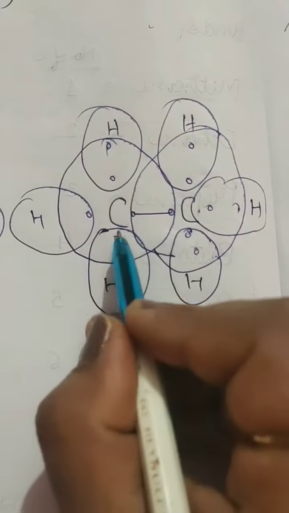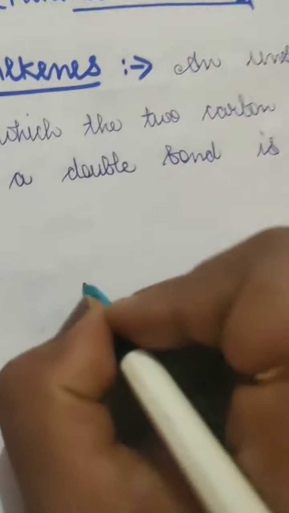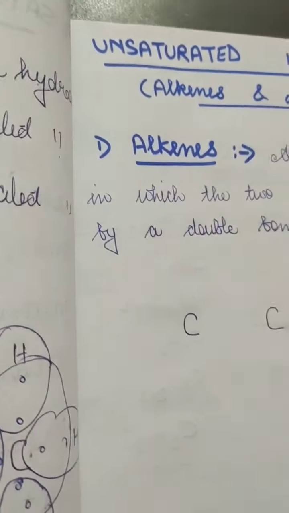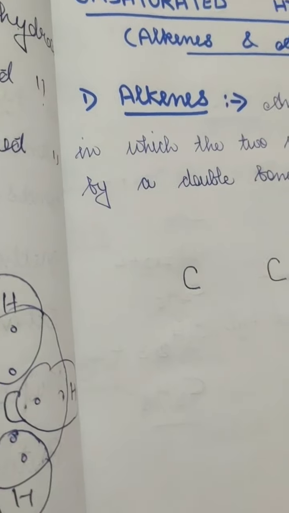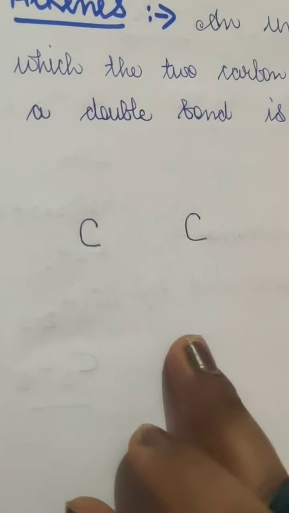It's a single bond, but in the case of a double bond, what happens? This is one carbon and this is the other carbon. In alkenes there is no methene, because it has to be a double bond.